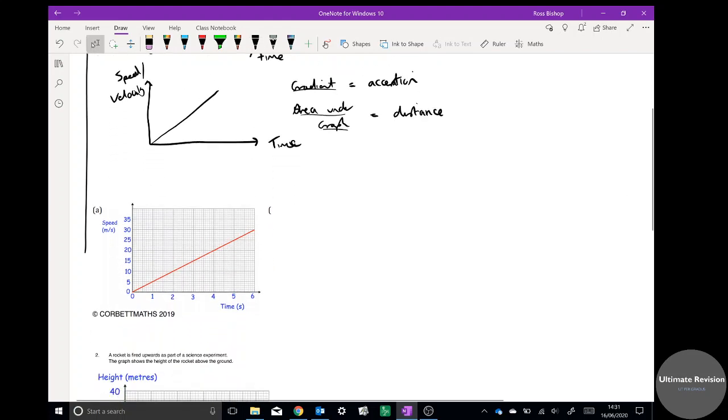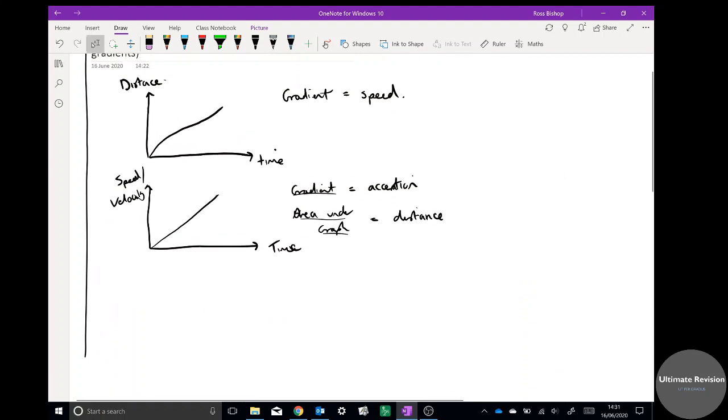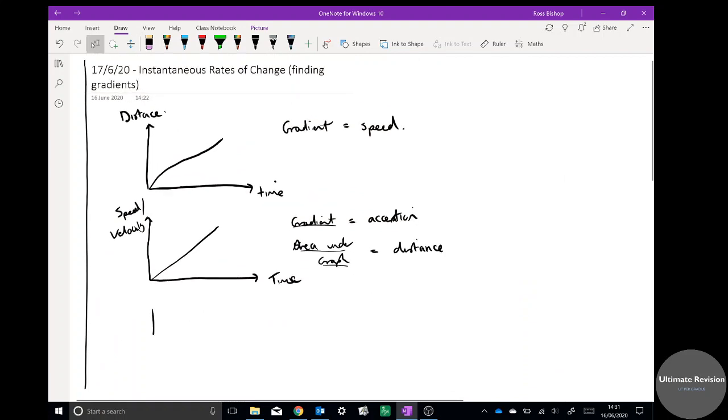We could also have any graph that involves any rate of change. So for instance, it could be the depth of a bucket and the time, and the depth could increase and then decrease. You'll see a question like this in the work I'm about to set.